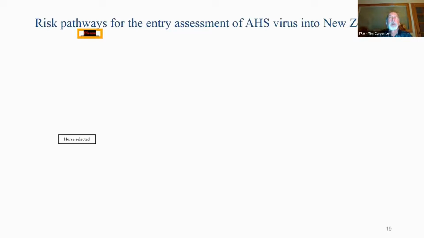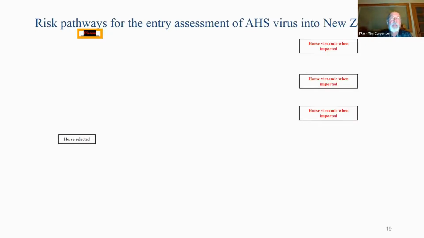So here are the risk pathways for the entry of AHS virus into New Zealand. We select a horse for export, and the potential outcomes are the horse is viremic when imported, or as we'll see, not viremic.